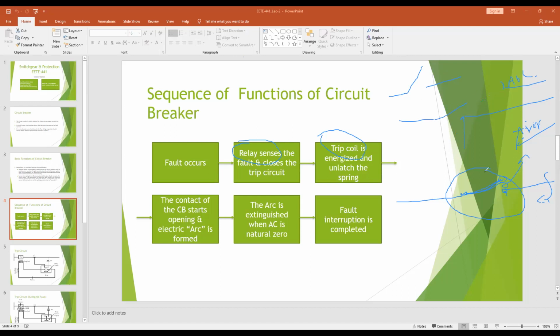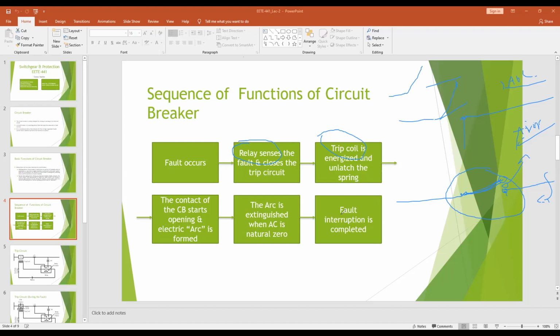The magnetic field that was produced here disappears, and the circuit breaker is fully open, and thus the flow of the fault current is stopped. Understood? Thus you can say the fault interruption is complete. So this is the sixth step, following which the circuit breaker automatically stops the flow of the fault current by opening during an abnormal situation.